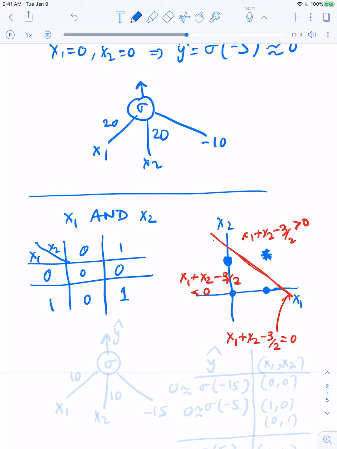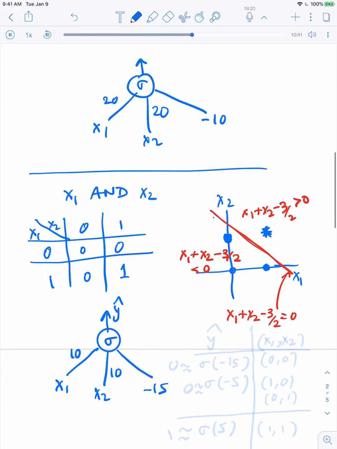So you have the sigma here, and x1, x2, and the bias. Let's say you are multiplying by a factor of 10, then you have 10, 10, and minus 15, and that is your y hat.